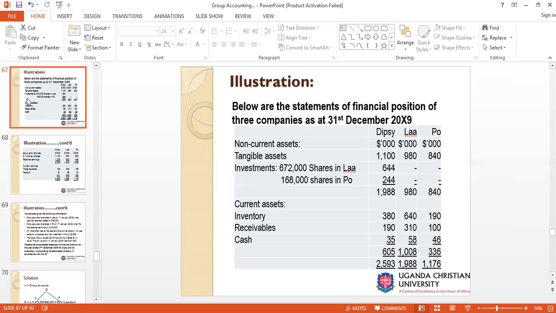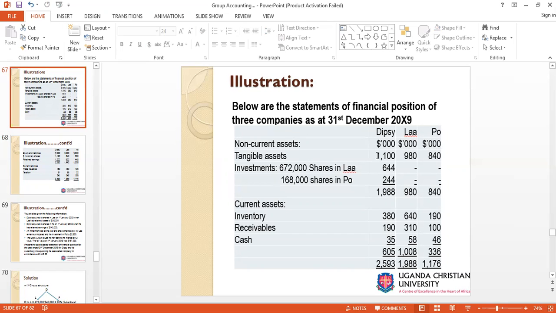Consolidation goes line by line, items of assets and liabilities of the parent and the subsidiary. The associate gives its own line in the non-current assets after the tangible assets.